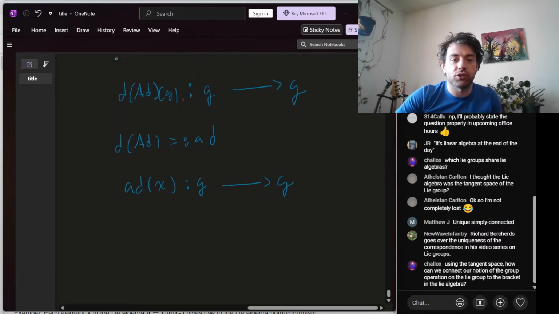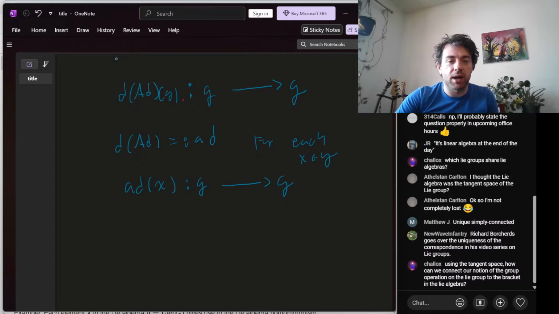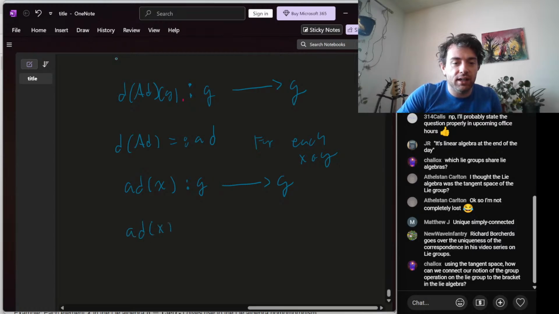So for each x in the Lie algebra, we get a little map ad x, and it turns out that this ad x is the Lie bracket. This is the definition of the Lie bracket.